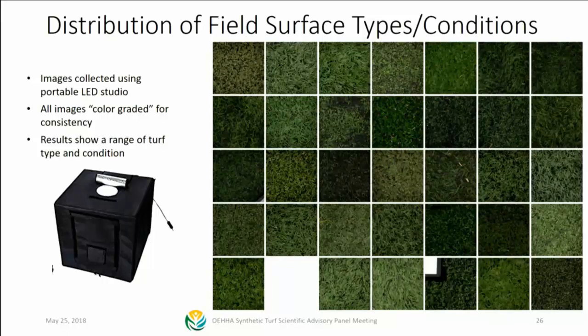These are high-resolution images that are taken in a portable studio, essentially, in an LED-lit studio with a uniform card. We always had this color card in with the crumb, which allowed us to color grade these images. So these images are quantitatively comparable. You can look at one and look at the other, and it's not just an artifact of the daylight or the time of day or who took the picture.